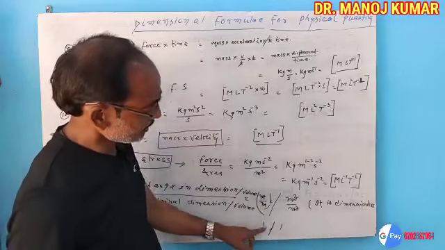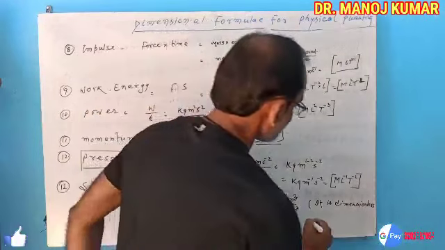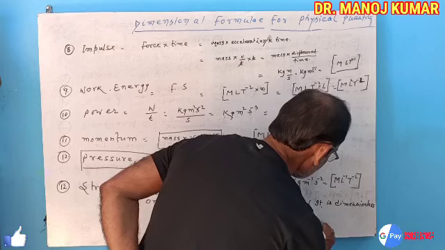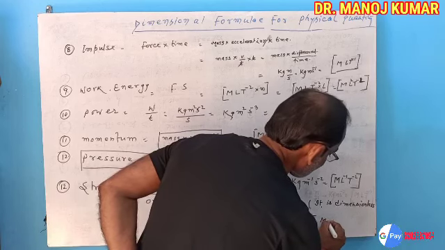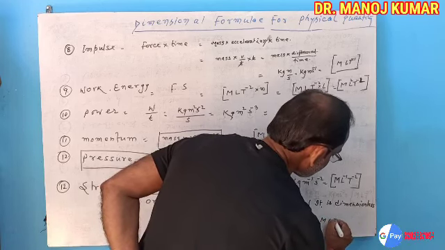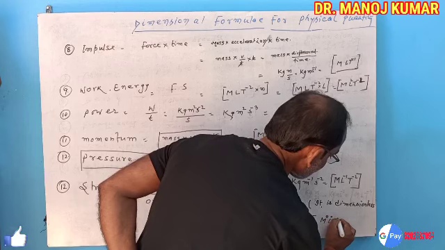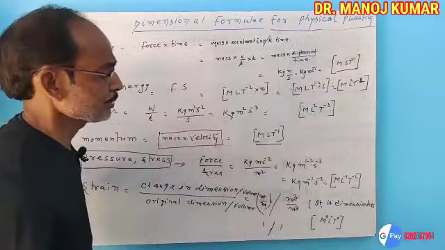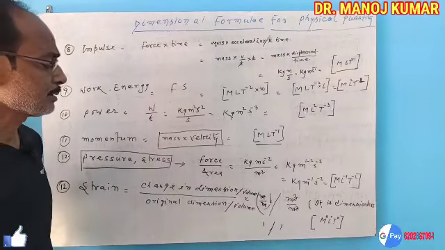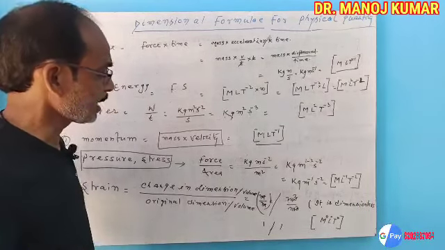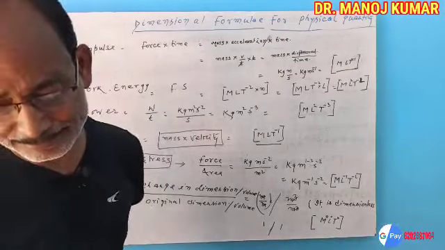Here is the number 1 or 1. So in the form of dimension M, L, T, all are raised to the power naught. M naught, L naught, T naught means the number system has no dimension.